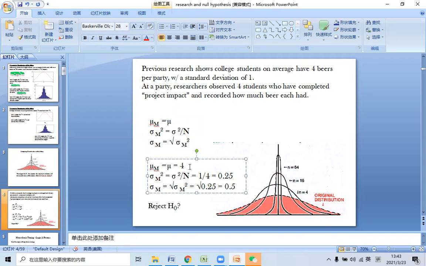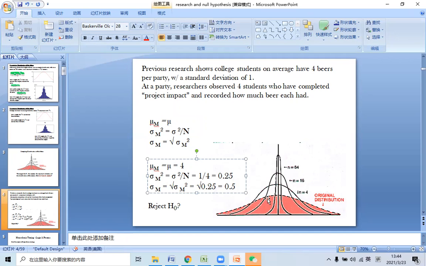It remains the same. But the variance is going to be smaller for the distribution of samples. You take the variance of individuals divided by the sample size.